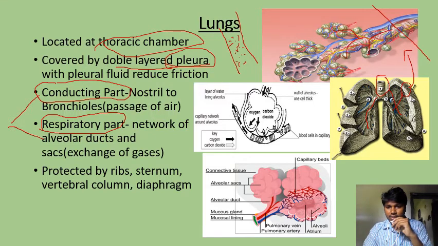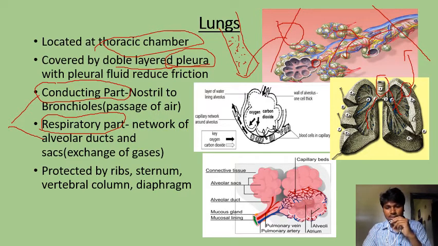I'm drawing here, all these are alveolar ducts, and the ball like structures you are able to see here are called alveolus. A single one is an alveolus, and when many alveolus come together, they are called alveoli. If you take one particular alveolar section, you can find this kind of structure.